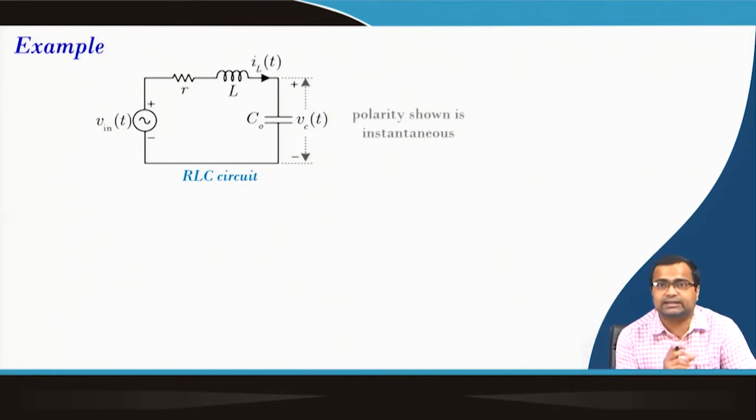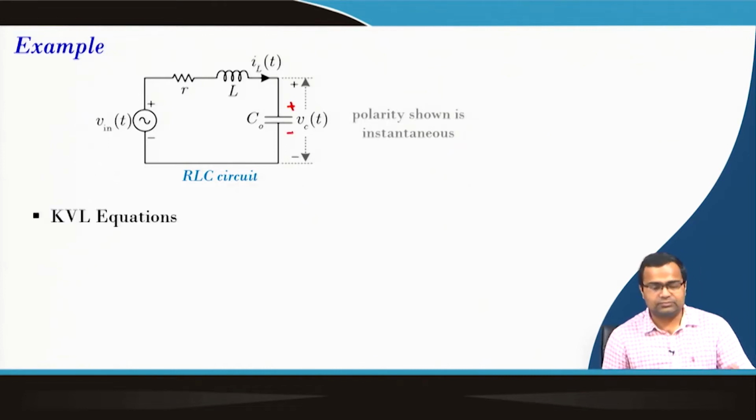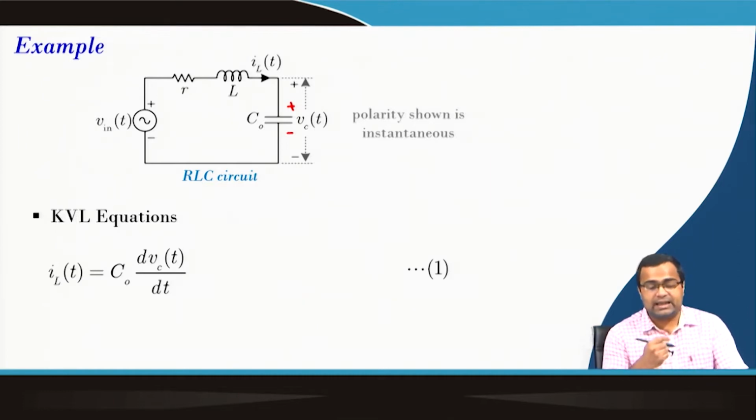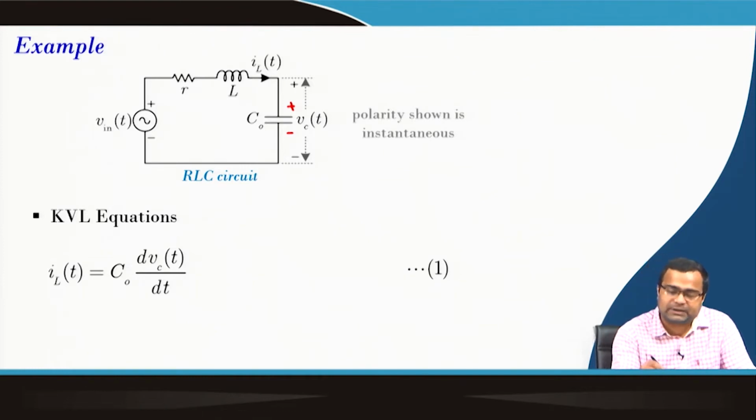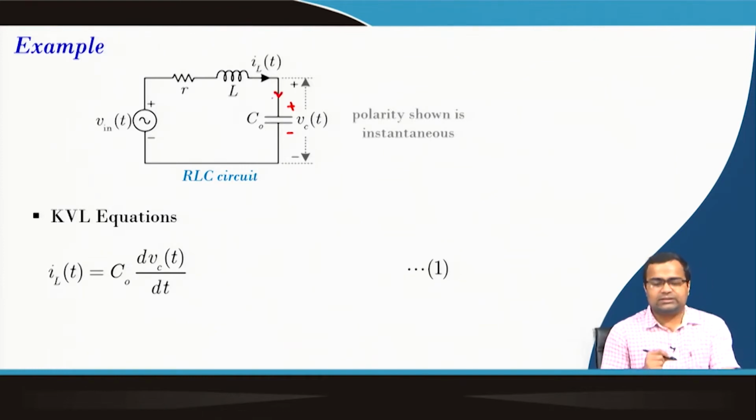If we take an RLC circuit, it is a series RLC circuit where we are considering the inductor current to be one state and the capacitor voltage to be another state, and we have taken the polarity of this voltage accordingly. Now, if we write KVL equations, the first thing: what is the inductor current? The inductor current is passing through this capacitor, which is C0 into dVc/dt. This is one equation.